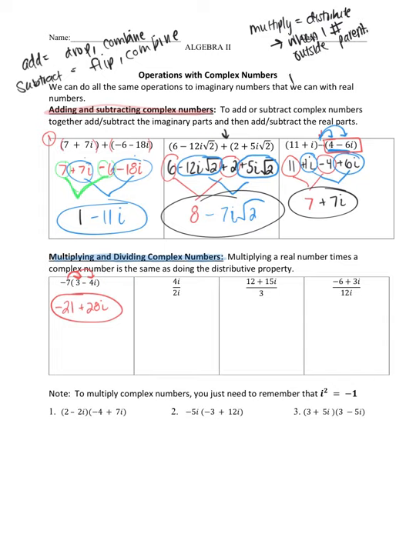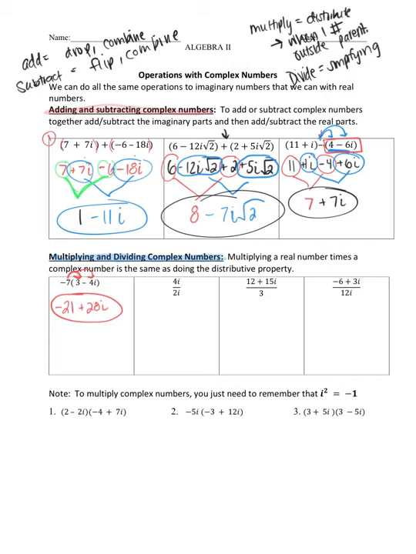Now when we divide, all we're doing is really simplifying. We're not actually dividing anything. We're going to look at the number on the bottom, the denominator, and see if it can fit into the numerator. In this first example, we have 4i minus 2 divided by 2i. And what happens here is that I can cancel some things out.